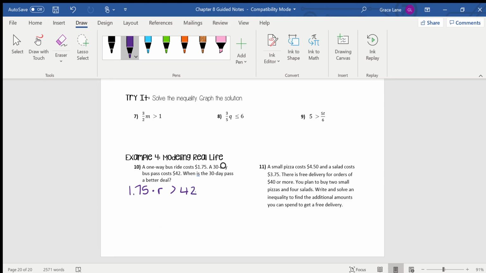And to figure out exactly how many times you would need to ride now, you would solve that. So you're going to divide by 1.75, divide by 1.75.